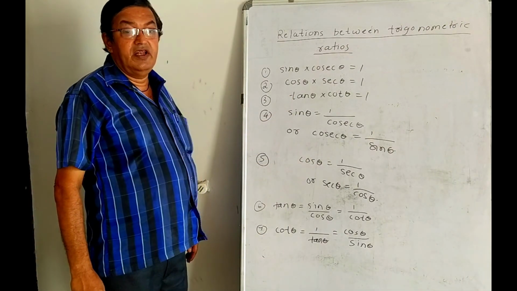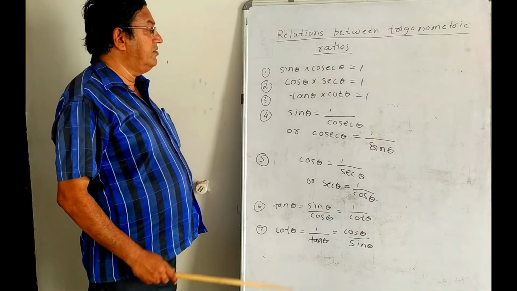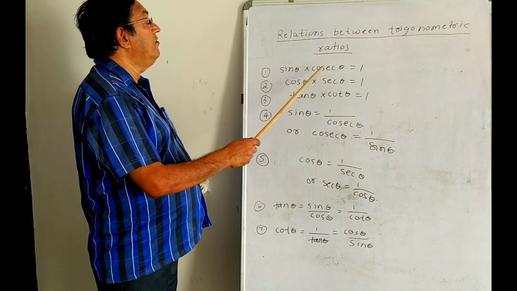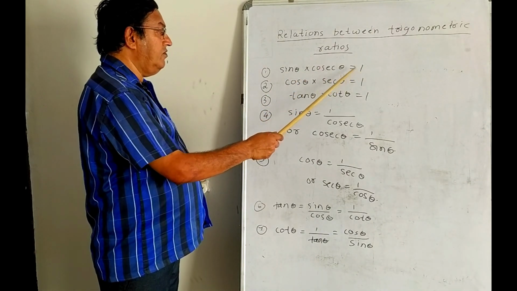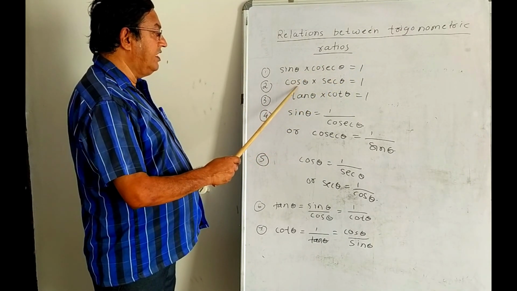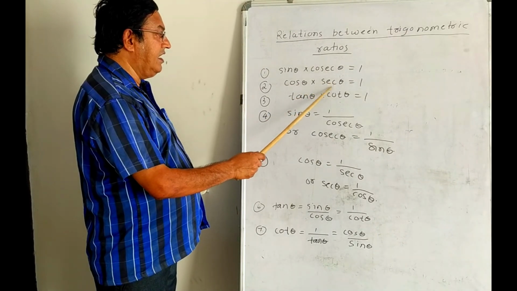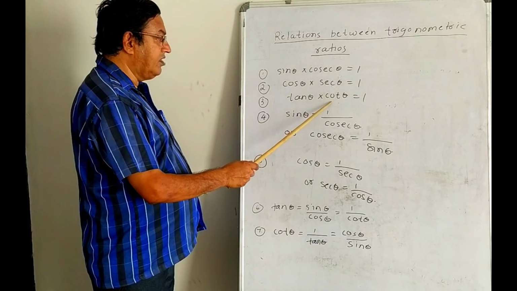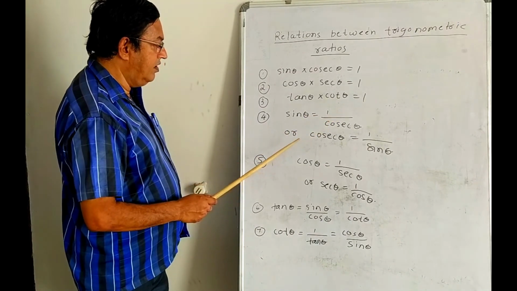Depending on the definitions of trigonometric ratios, we can say sin theta into cosec theta equals 1, cos theta into sec theta equals 1, and tan theta into cot theta equals 1.